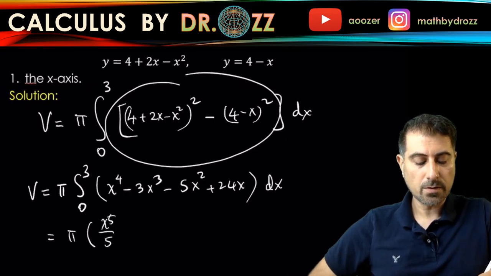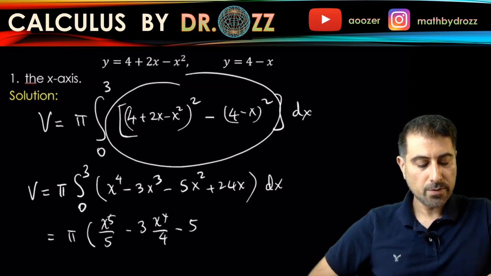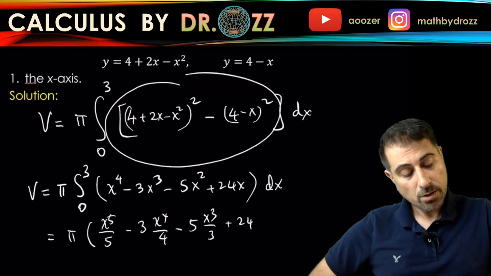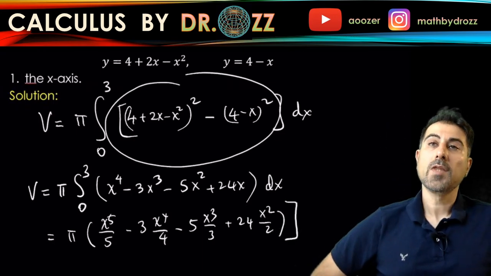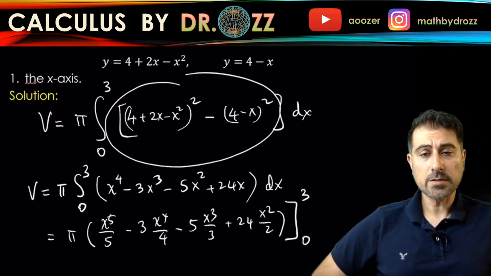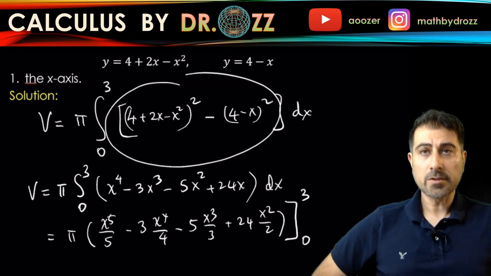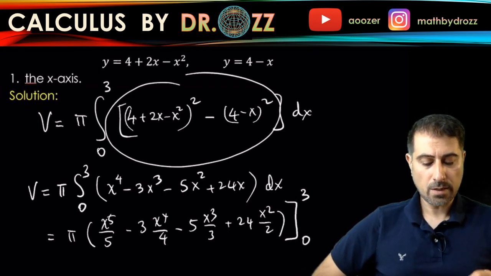Okay, x to the 4th divided by 4, plus minus 5x cubed over 3, plus 24x squared over 2, and the lower limit is 0, upper limit is 3. Please find the exact value rather than the calculator value. And what you're going to do is just plug in 3 first.